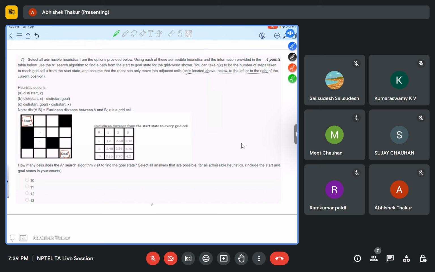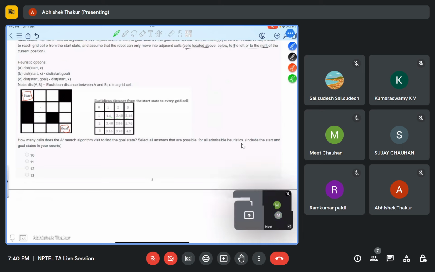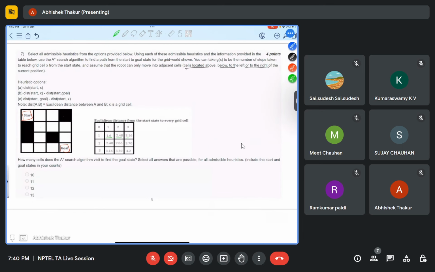Okay, so we'll see this question now. So in this question, the Euclidean distance from the start state to every grid cell is given. Like this, from 1 to 1 is given 1.6. This is 2.48. Like that, for every grid cell, it is given from the start state to every other grid cell. So let's suppose this is our start and we have to reach the goal position.